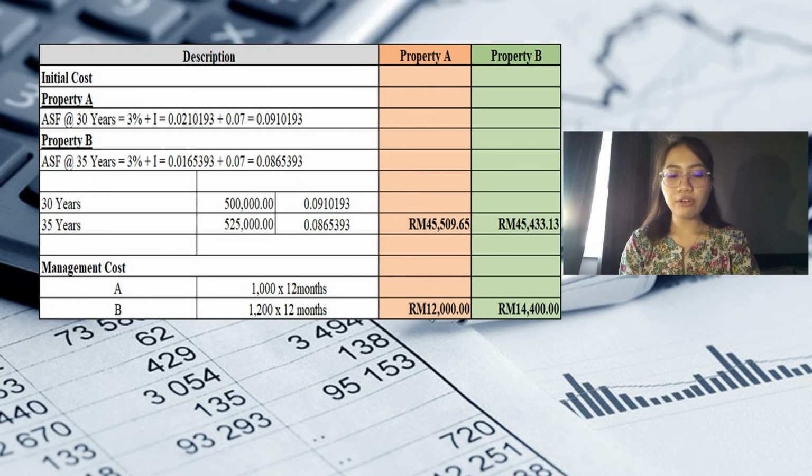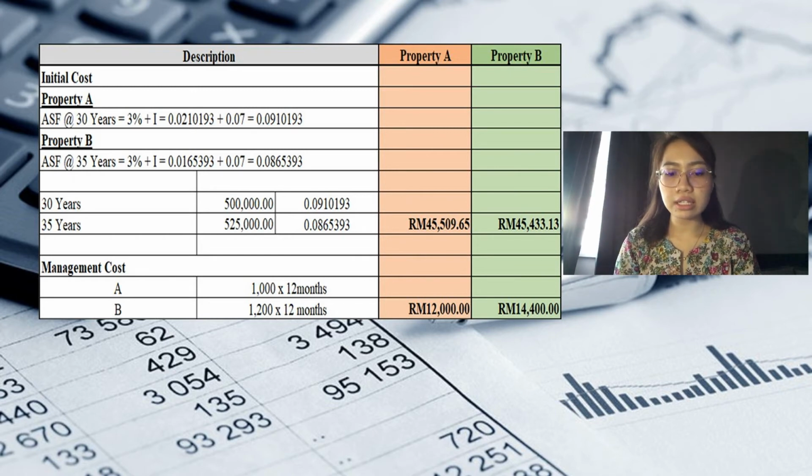So next, after we find the initial cost, we are going to calculate the management cost. In order to calculate the management cost, it is very easy because we only need to multiply the total value given for the whole year. Since it is stated in the table, the management cost given for property A is 1,000 ringgit per month, and for property B, it is 1,200 ringgit per month.